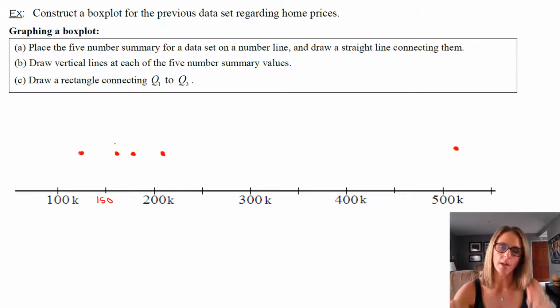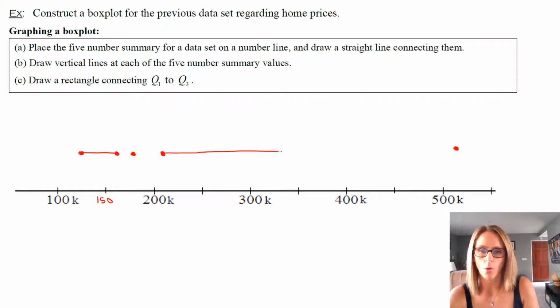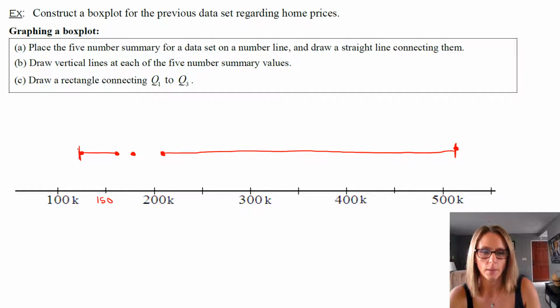So now that we've put our dots, what we really should do is draw a line connecting them, but really we should go min to Q1 and then Q3 all the way out to the max. That's really where you want to have your lines. And typically you'll see a lot of box plots with a line at the min and the max. And then we'll draw a line at Q1, Q2, Q3.